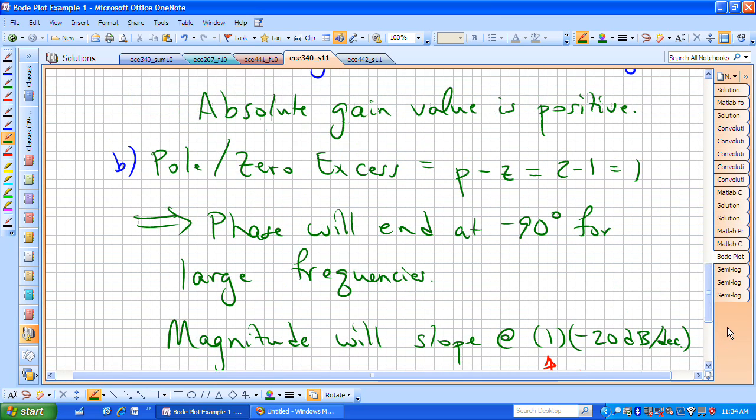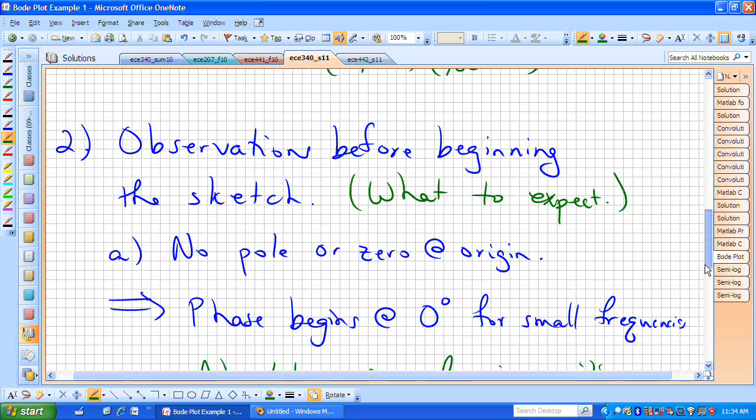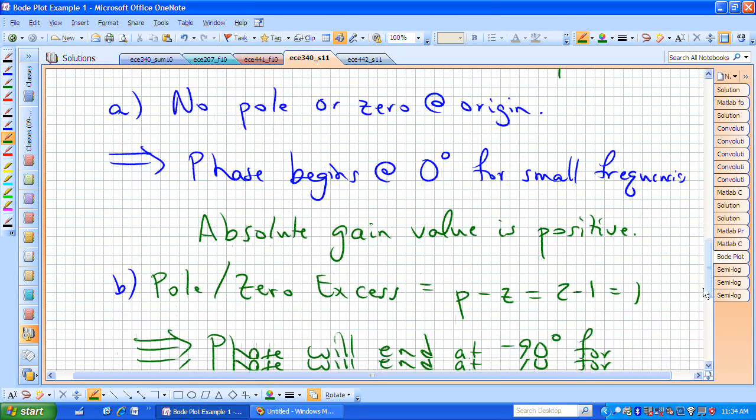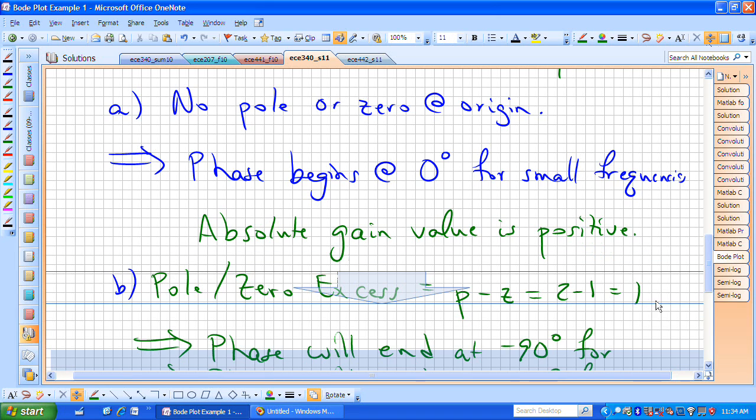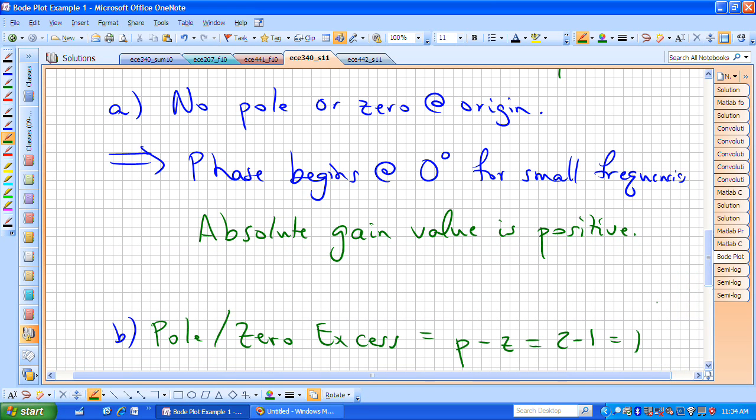The other thing that we can realize is, with no poles or zeros at the origin, we can say that our beginning magnitude is going to be flat for low frequencies, or constant.